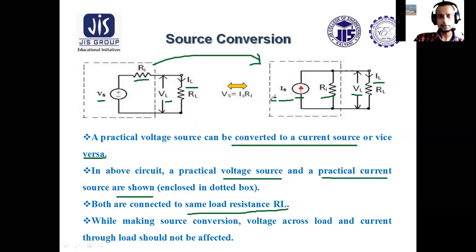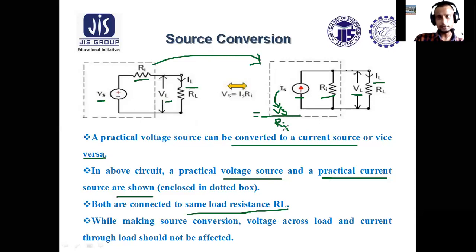The magnitude of this current source should be Is equals to Vs by Ri, where Vs is the voltage source which is being transformed to a current source, and Ri is the internal resistance.